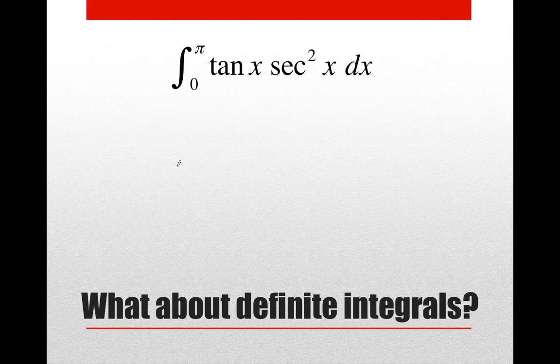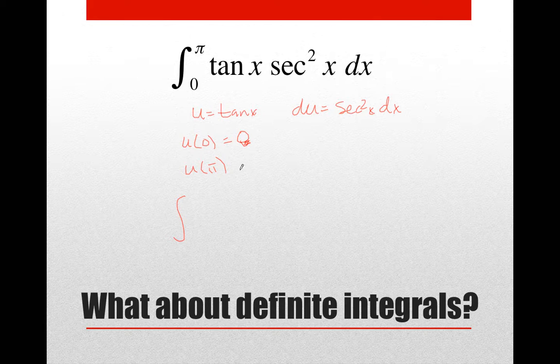The way the textbook does this is, let's say u is equal to tangent, du is equal to secant squared x dx. And what you want to do is you want to do u of 0 and u of pi. And what it does is it changes our limits of integration.